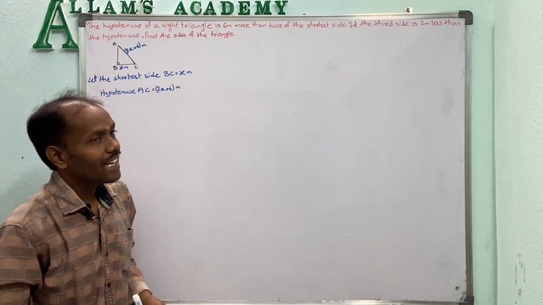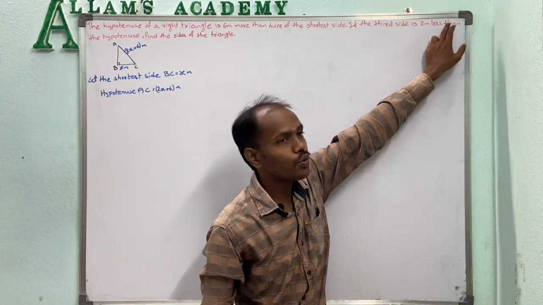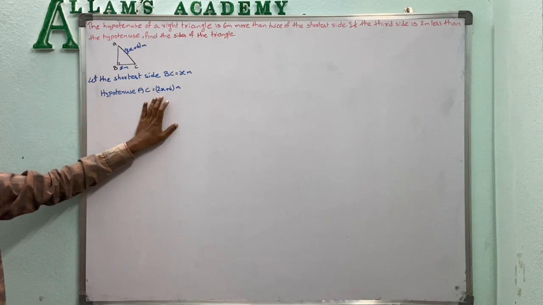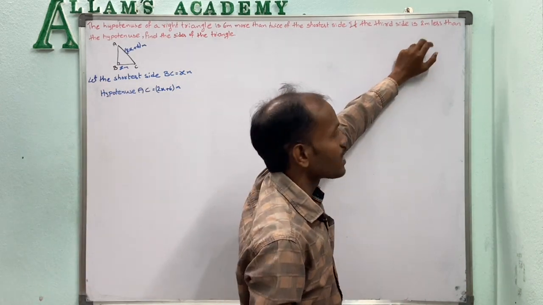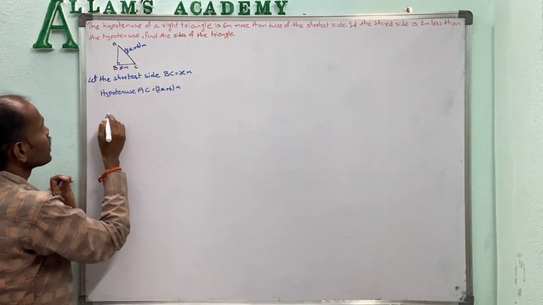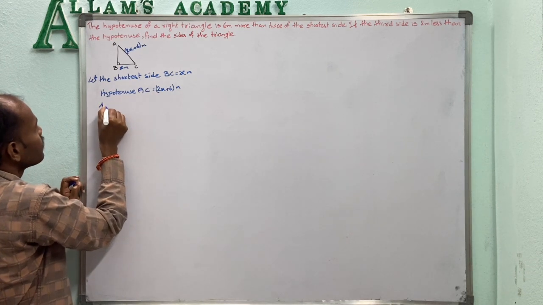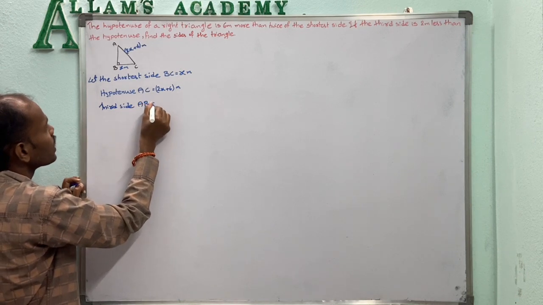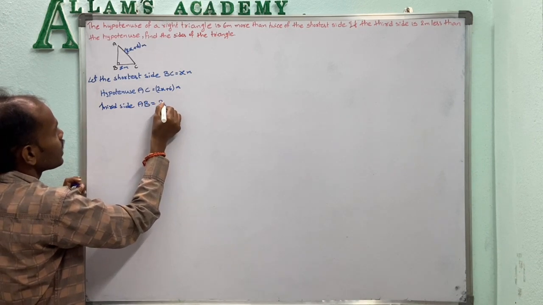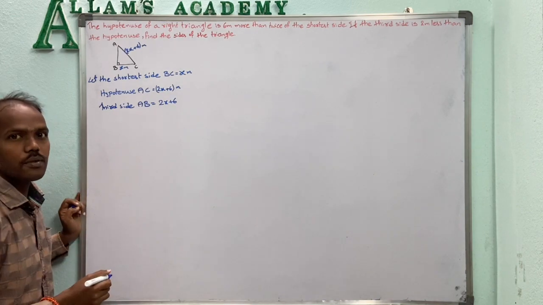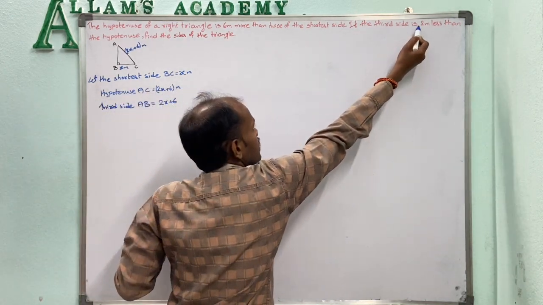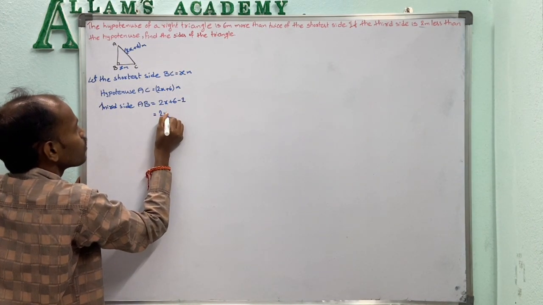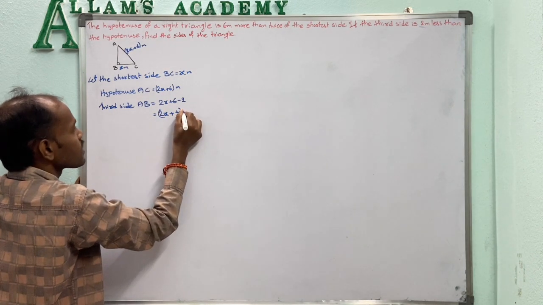Now the remaining third side is 2 meters less than the hypotenuse. So the third side AB equals the hypotenuse AC, that is 2x plus 6, minus 2, which is 2x plus 4 meters.